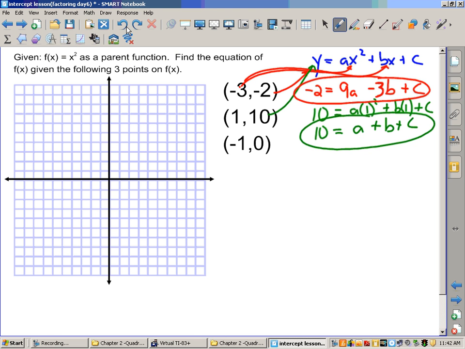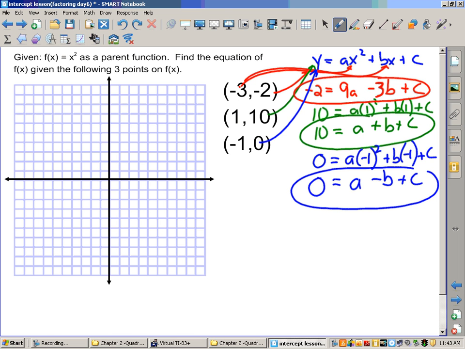So I plug in the y-coordinate, and I get 0 equals a times negative 1 squared plus b times negative 1 plus c. So 0 equals a minus b plus c. Good?